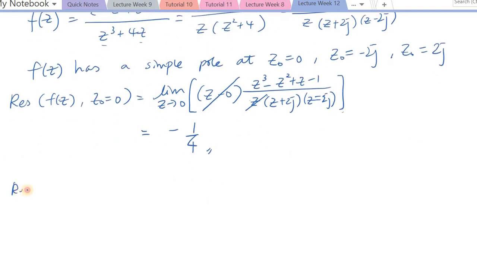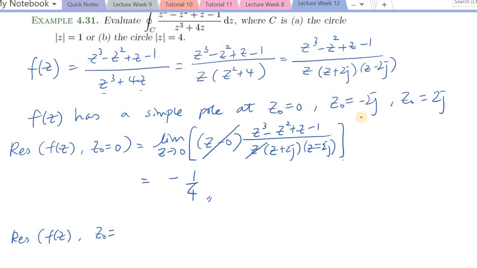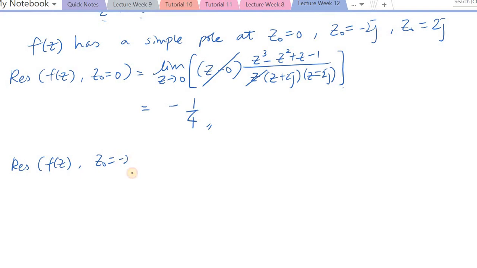And we have to find the residue of f(z) at the second singularity, which is, say, -2j. It's still a simple pole. So z approaches -2j, and then here we have z minus z0. z0 is -2j, so z minus negative, we get positive here.